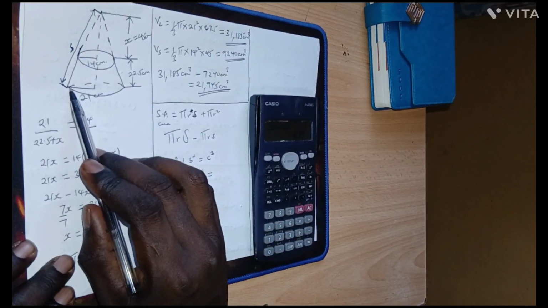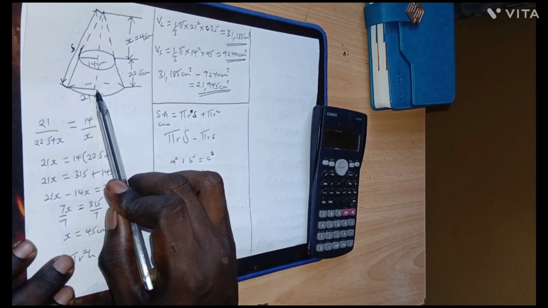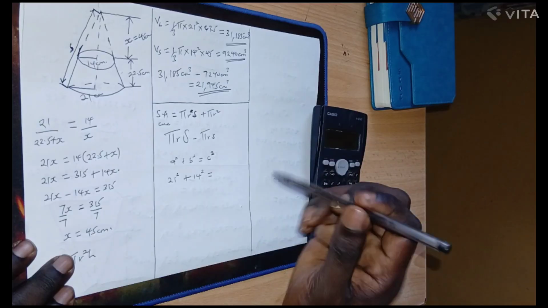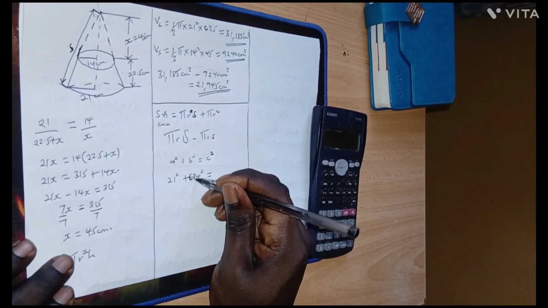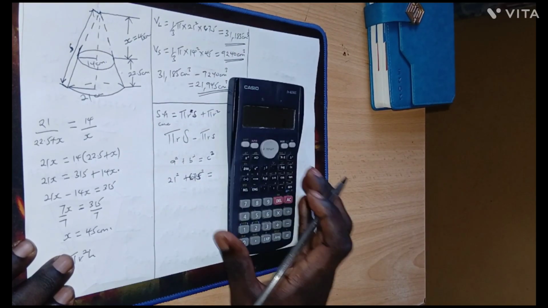Sorry, it's not going to be 14. It's going to be 21 squared plus the height, and the height is 67.5. Is that true? Yes, 67.5 squared. I'm sorry about that mistake.